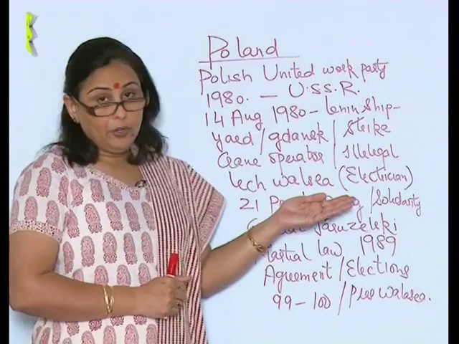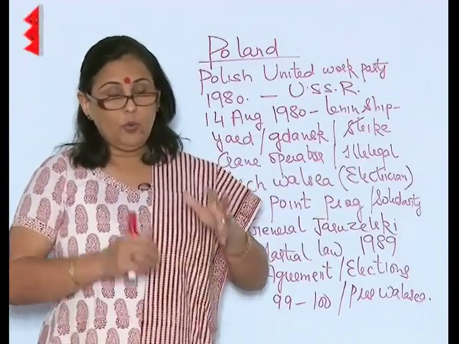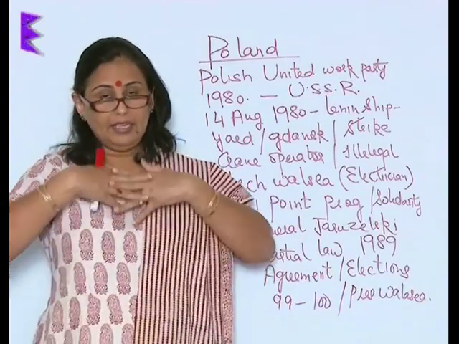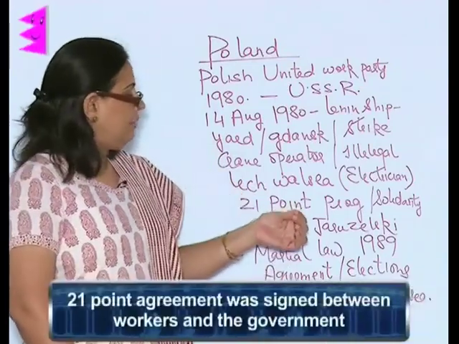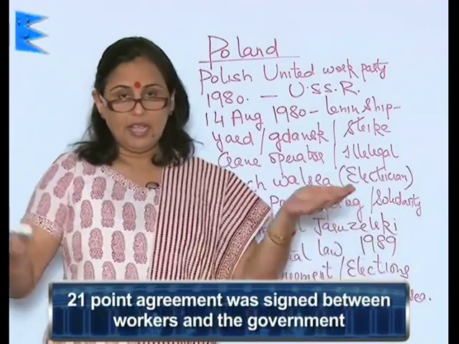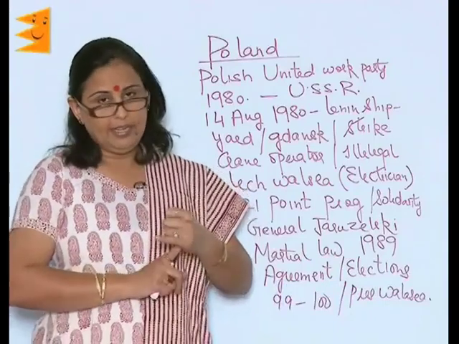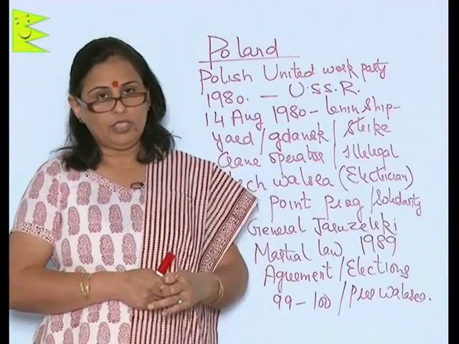This strike took such a big turn that the government had to actually listen to what they were saying, and the country nearly overturned. A 21-point program was signed between the workers and the government, wherein trade unions were legalized, wherein the workers could demand what they felt was right.